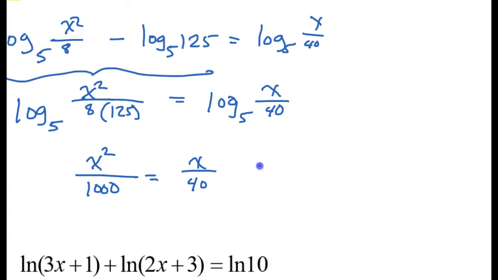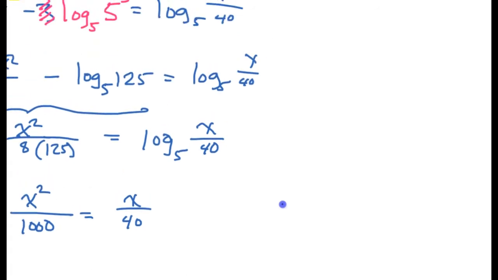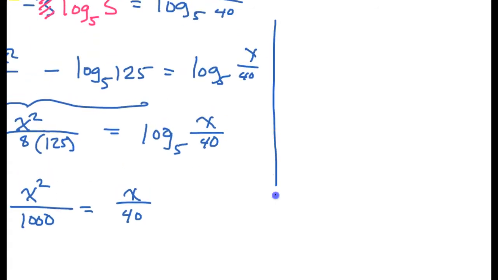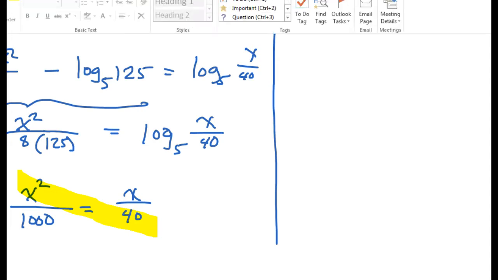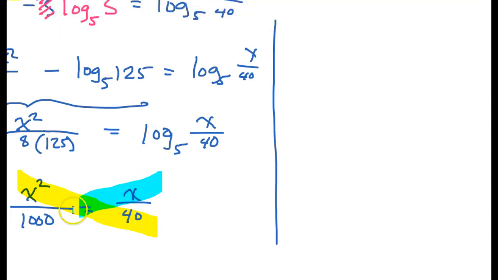So I am going to cross multiply. Now I could sit here and multiply both sides by 40 and then multiply both sides by 1,000. Or I can cross multiply, which is where you multiply these times each other and put that on one side of the equation, and then you multiply these times each other and put it on the other side of the equation.